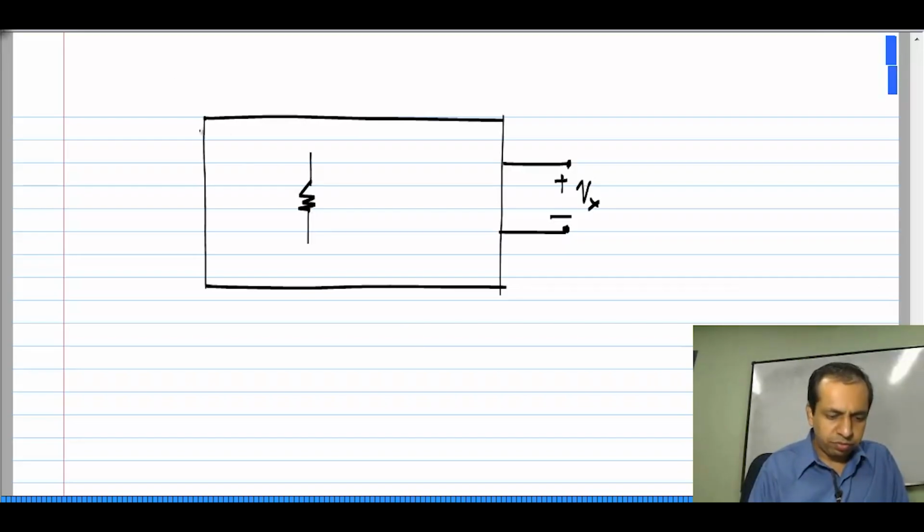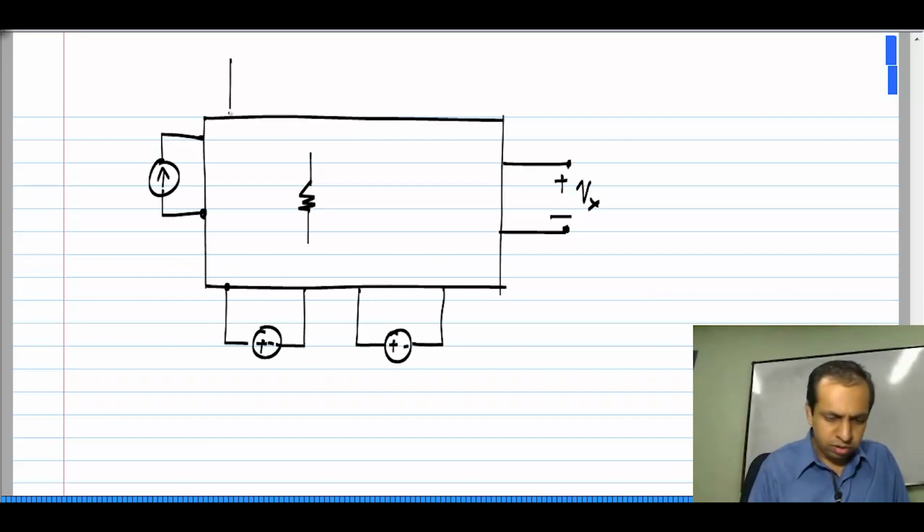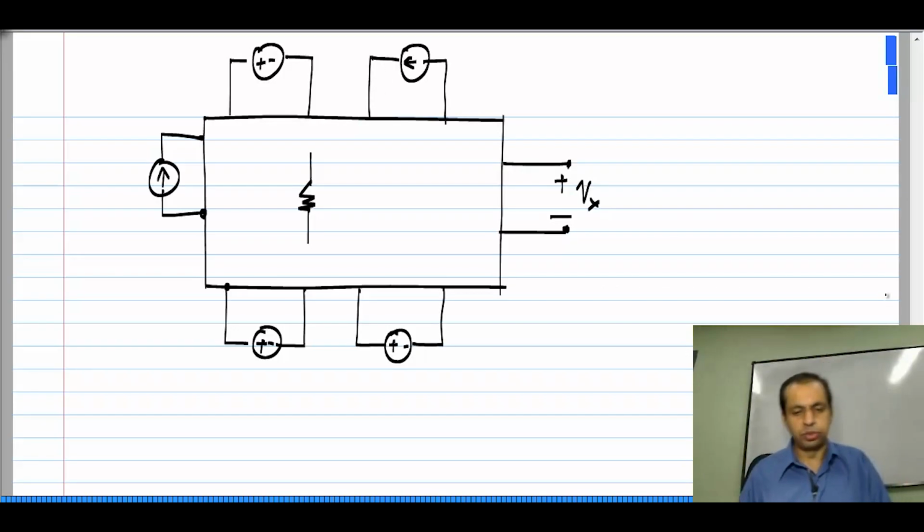Let us say we have a number of sources connected, both current sources and voltage sources. Let us say this is the circuit, we have multiple sources and we have this output.